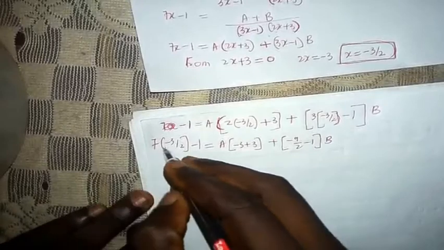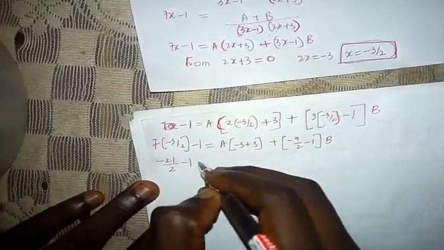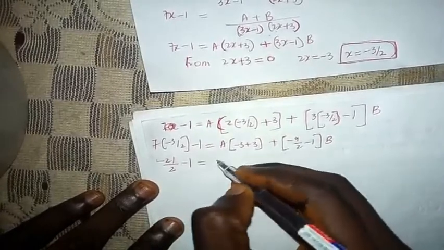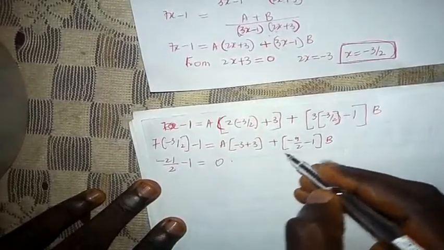So this is minus 21 over 2 minus 1 is equal to, this is 0, minus 3 plus 3 is 0. So that's what I'm saying, you are going to have one of the options correct. And this is minus 9 over 2.